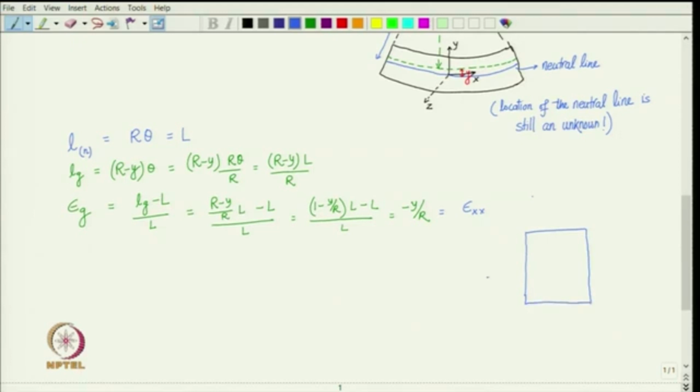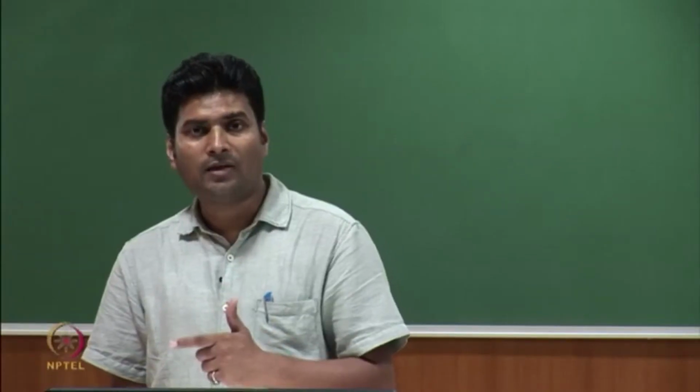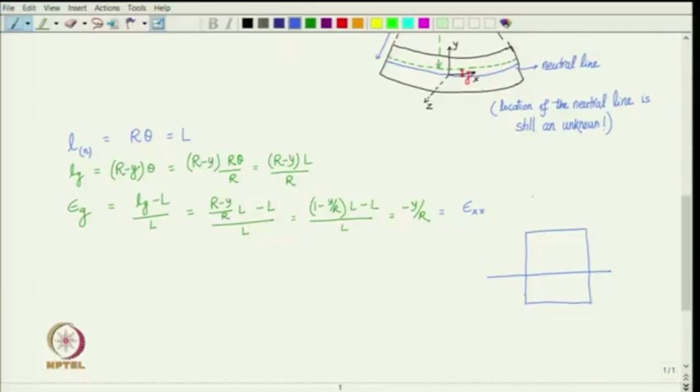So, the cross section is going to be a rectangle, and then we have this neutral axis. You see, in the cross section, when the neutral plane cuts the cross section, we get a line and we call it neutral axis. So, this is your neutral axis.